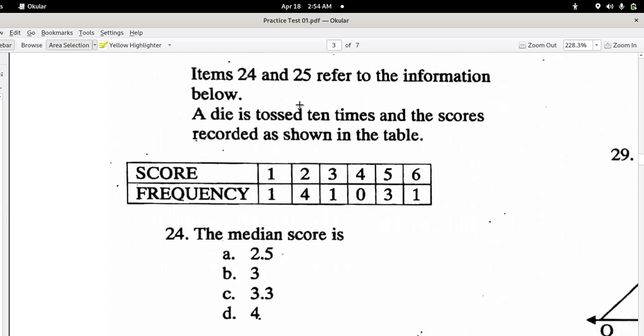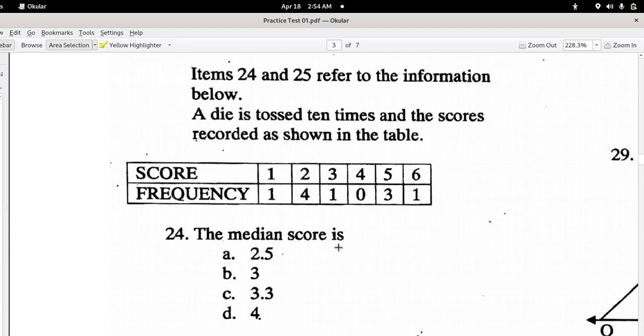Alright. Items 24 and 25 refer to the information below. You have a dice tossed 10 times and the score recorded in the table. You want the median score. Remember, the median score: you have them lined up in ascending or descending order.